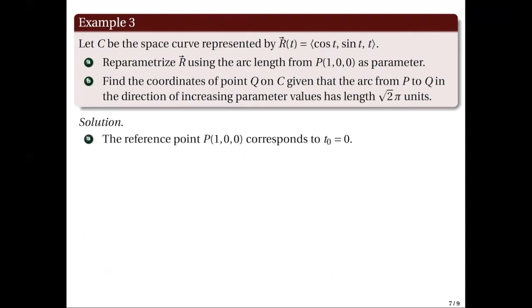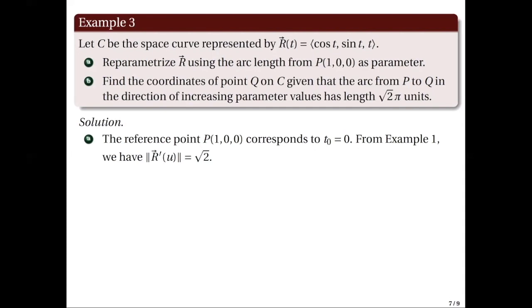The given reference point (1, 0, 0) clearly corresponds to t naught equal to 0, because the third component of r is t, and the third coordinate of the reference point is 0. Moreover, in the first example, we have seen that the norm of r prime of u is the constant function square root of 2.